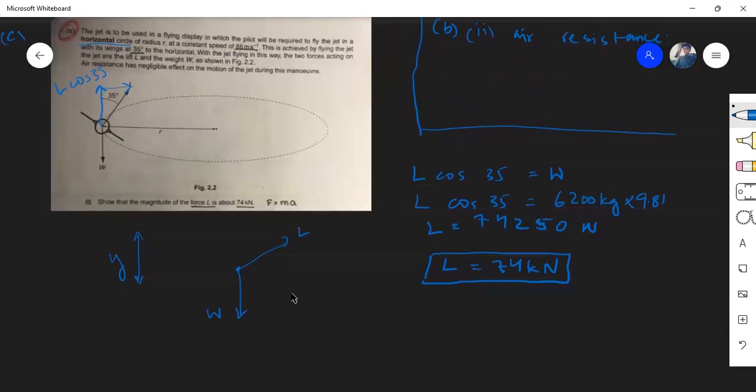So I'm just going to give you some time to try this question. If you aren't able to do it, then no problem. We will discuss the question and then we'll solve it together. Just try part C2.